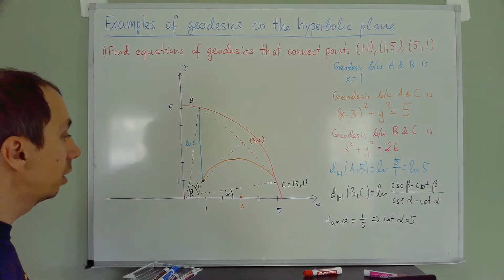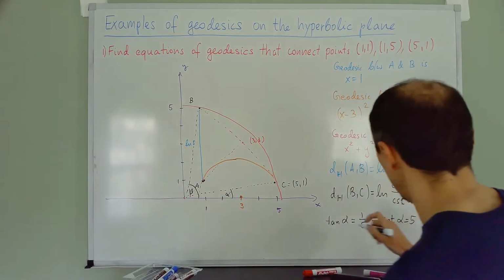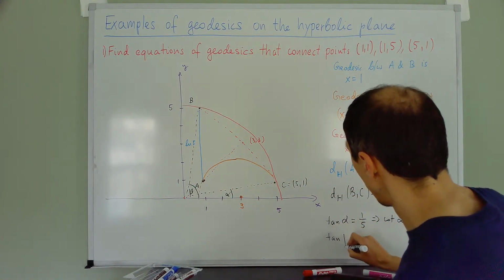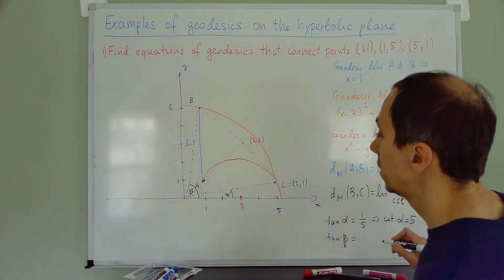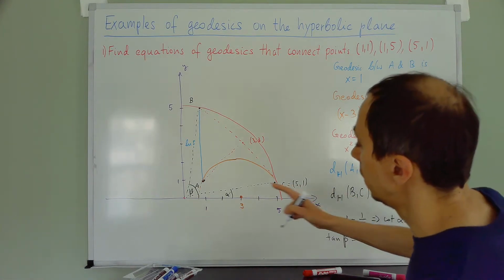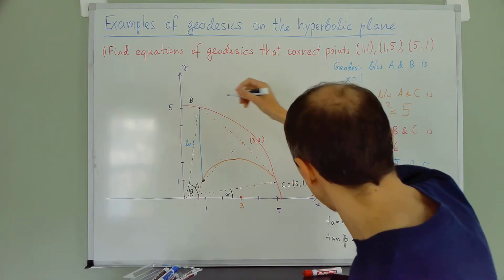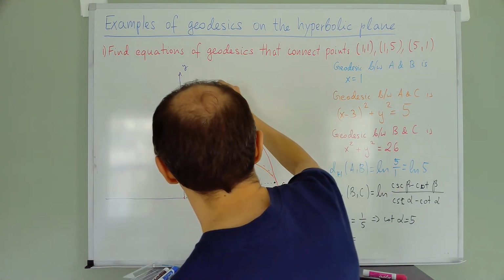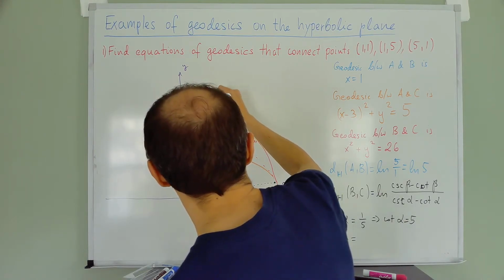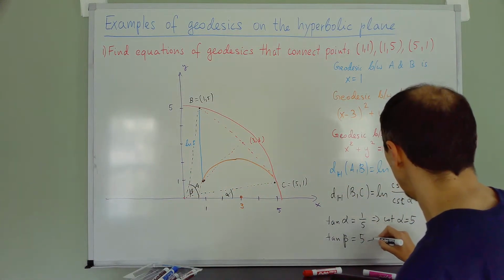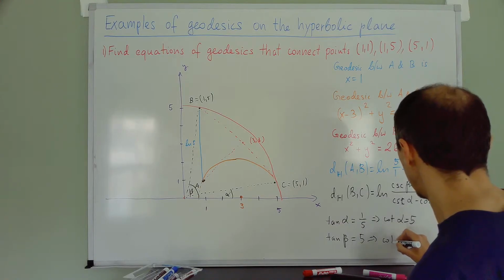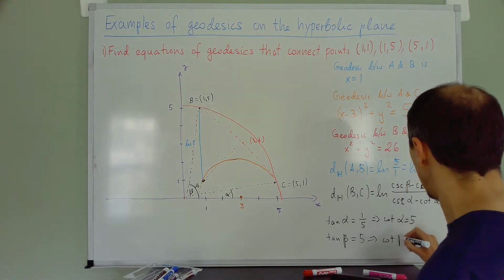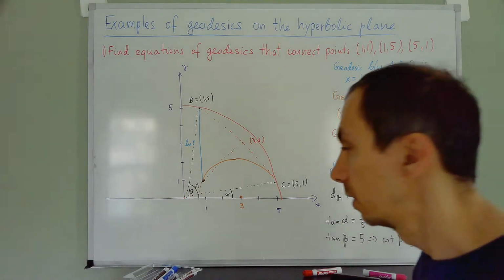And the same thing with beta, right? You also know the tangent of beta. B has coordinates (1, 5), so tangent beta is 5, which means cotangent beta is going to be 1/5.